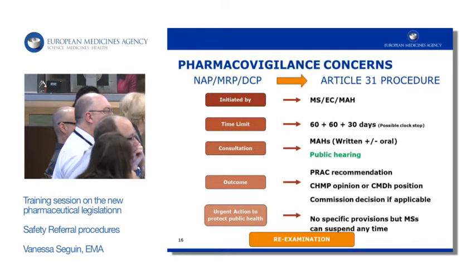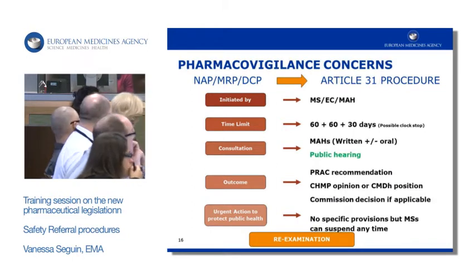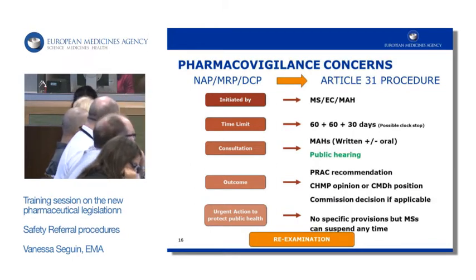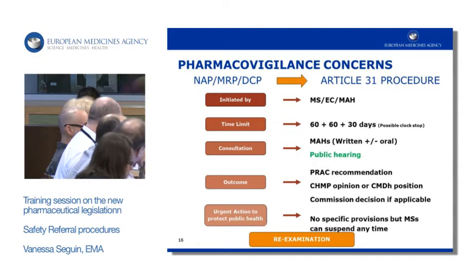Just to highlight one thing, because as Vanessa said, here we have the possibility of public hearing, but what we don't have, at least the legal possibility, is requesting from the very beginning participation of all stakeholders. So here it's still pretty much the old traditional referral, sending questions to the companies, receiving answers from the companies.